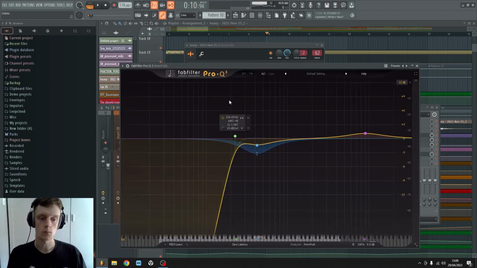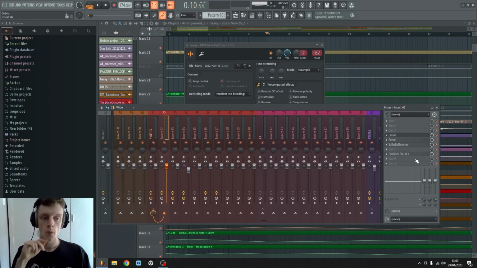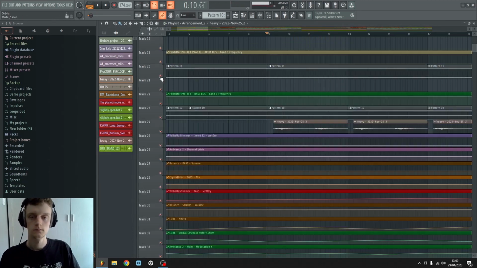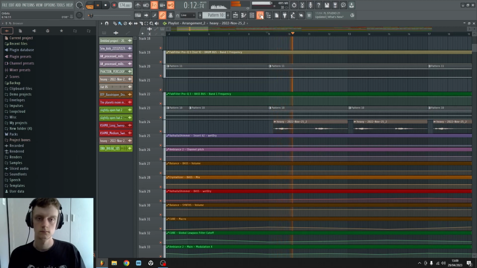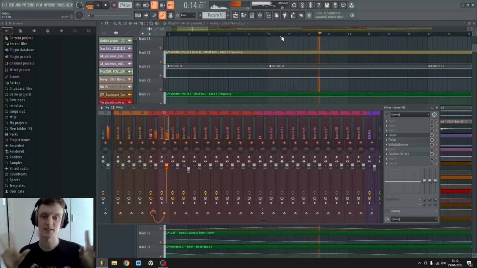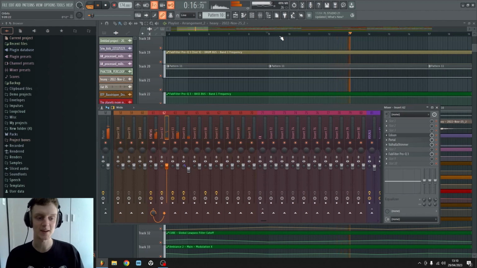And then a bit of EQ to clean it up. Without it, it doesn't have the same vibe, you know. It's not the same. That just had some sort of little stutter, it's just nice.